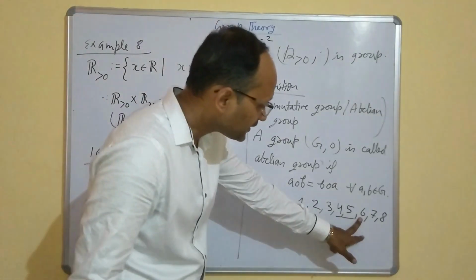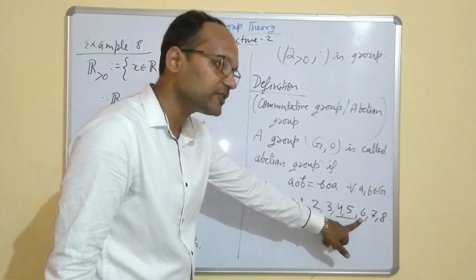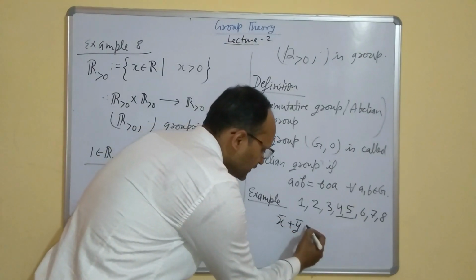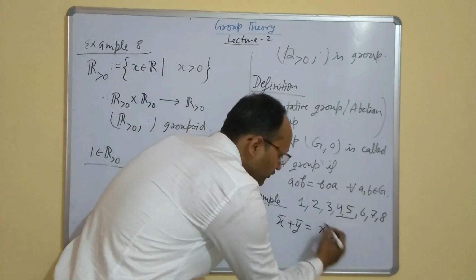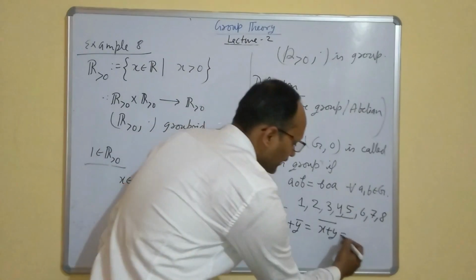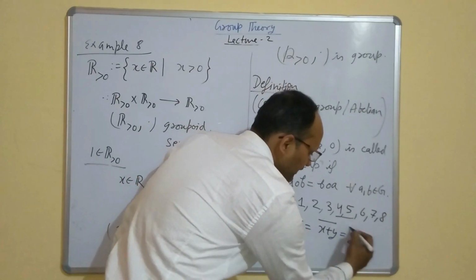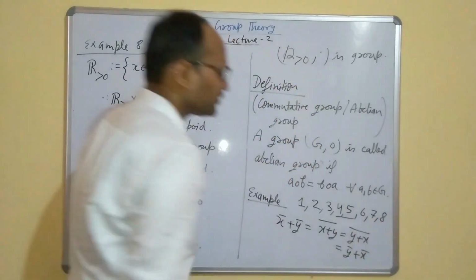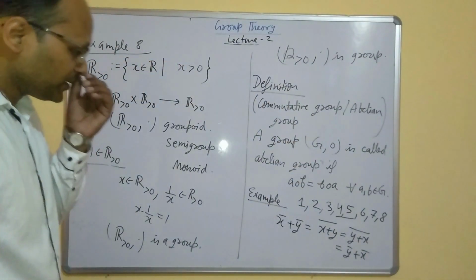Sixth example was integers modulo n with respect to addition. So this operation is also abelian, because when you take x bar plus y bar, this is the same thing as y bar plus x bar. So this was an abelian operation.